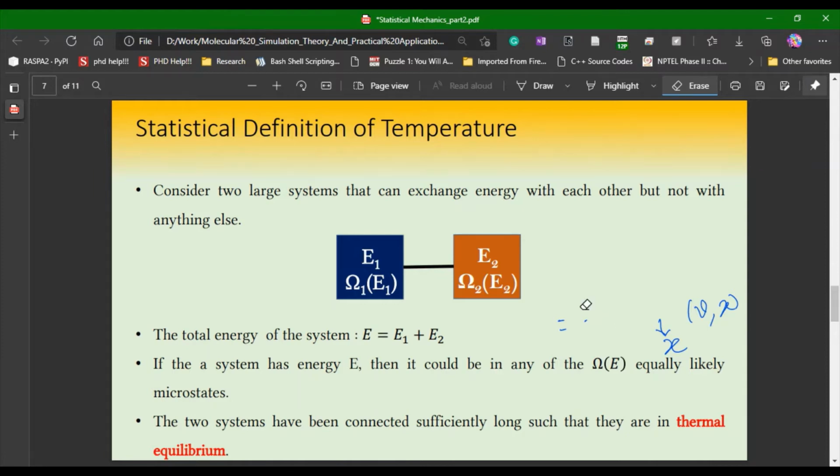E1 corresponds to the energy of system 1, and E2 corresponds to the energy of system 2. The total energy of the system is fixed, that is E, and it is given by the summation of the two energies. If a system has energy E, then it could be in any of the Omega(E) microstates. Omega here represents the number of microstates of the system.